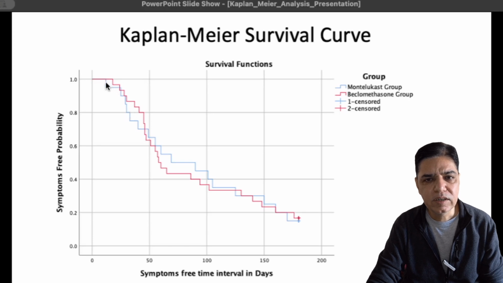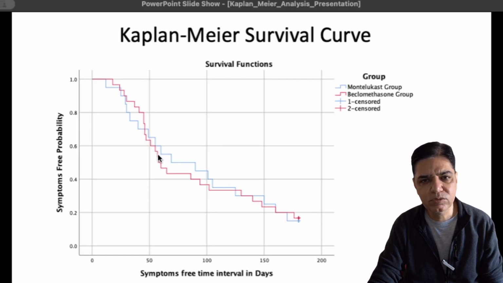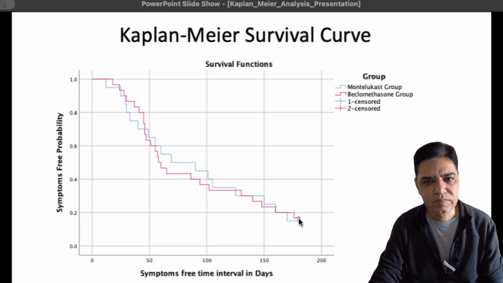If you have a general outlook, in the beginning you see that the Montelukast group kids are returning earlier as compared to beclomethasone. But then somewhere down the line, the beclomethasone kids are coming back with exacerbation, and Montelukast is taking more time. And then as you go down, they become closer and closer to one another.